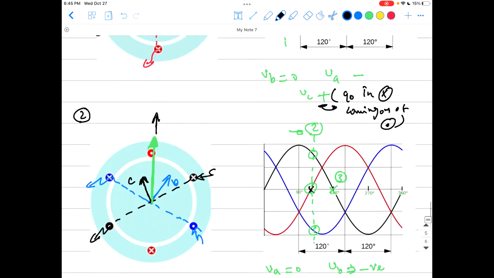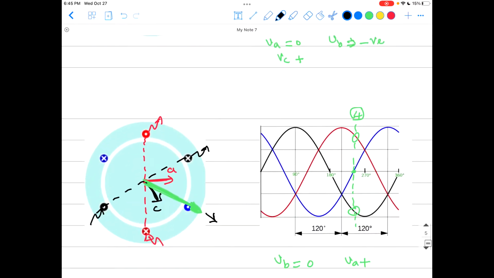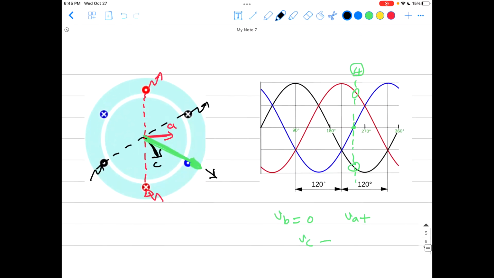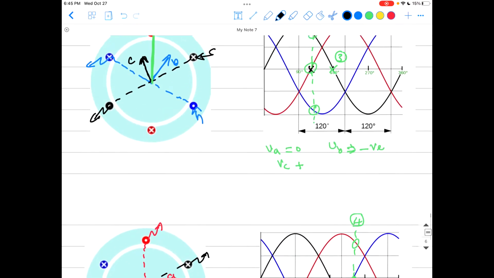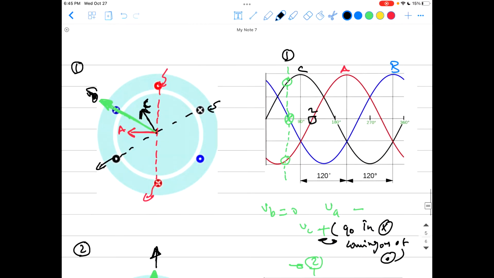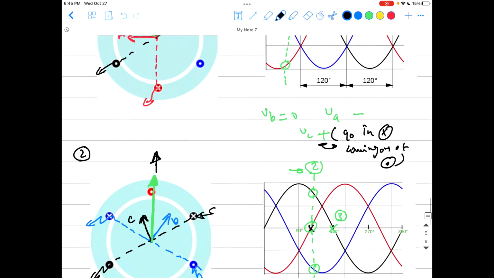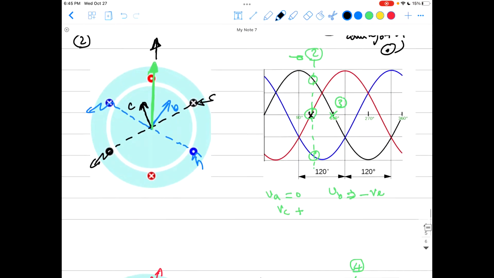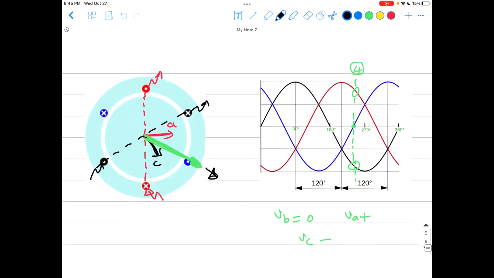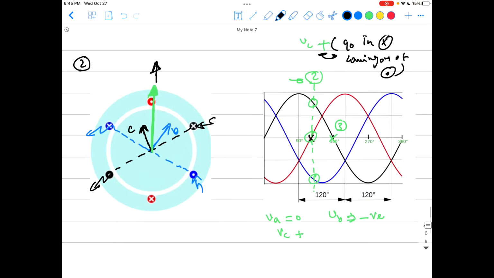Now it's in this position. Now it's going here. It's rotating. The resultant magnetic field was here, and now it's vertical like this, and now it's going the other way like that. So like I'm saying, it is just rotating.